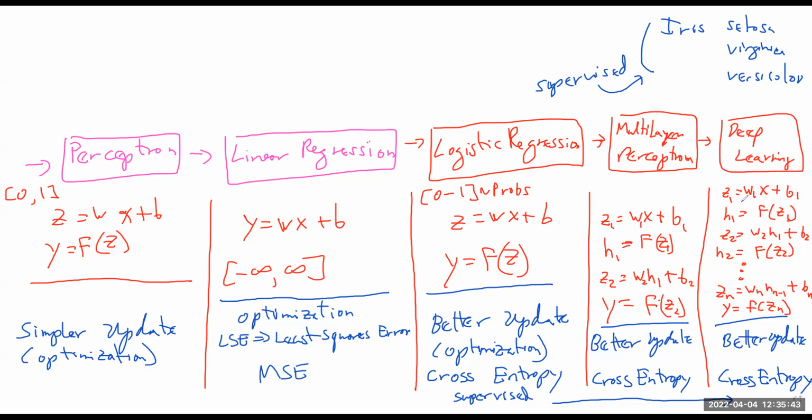Now remember that you have here an X, but X could be the 4 features of Iris, or it could be the 784 features of MNIST, every image, or even larger. I think currently deep learning supports images of 300 by 300.